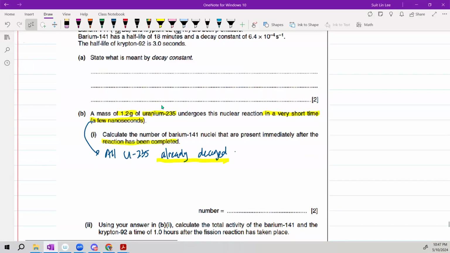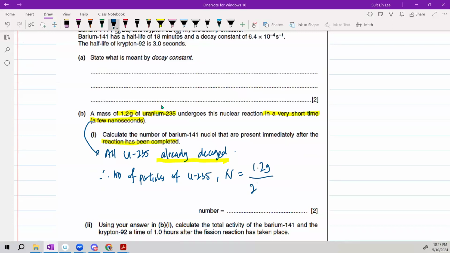So hence, I can find the number of particles of U-235 as 1.2 gram divided by the molar mass 235 gram, multiplied by the Avogadro number.